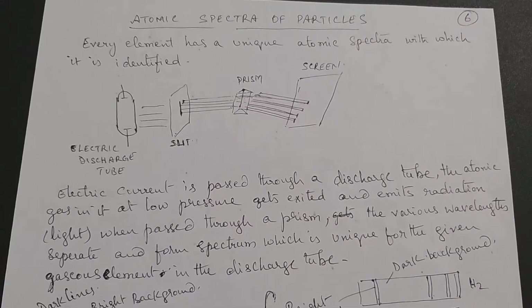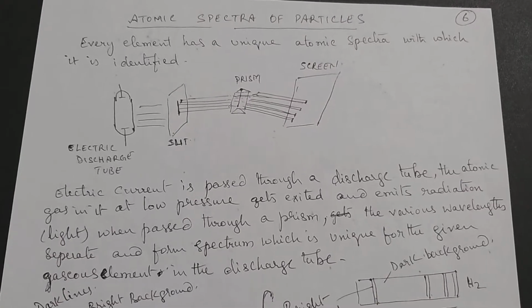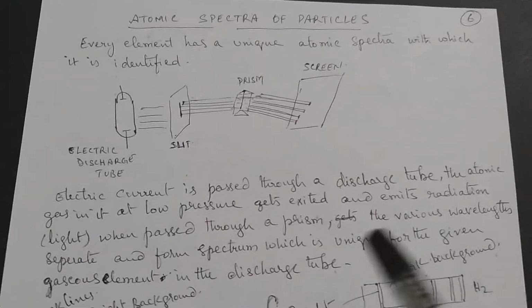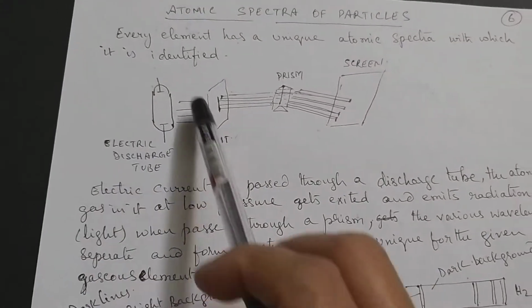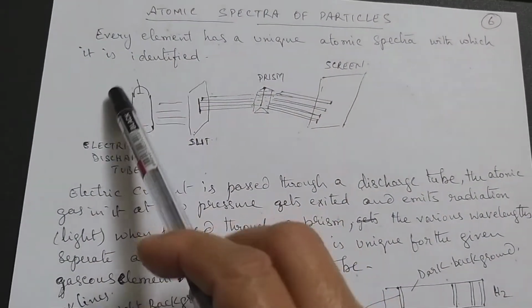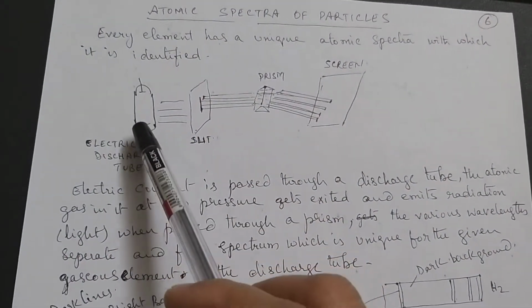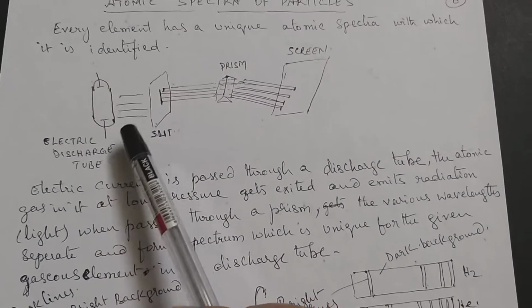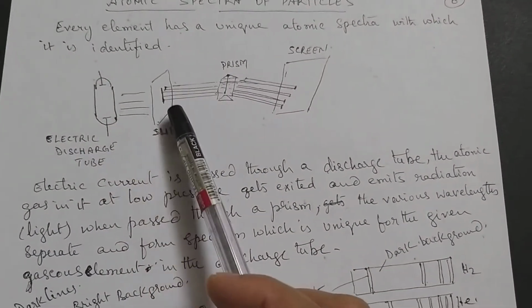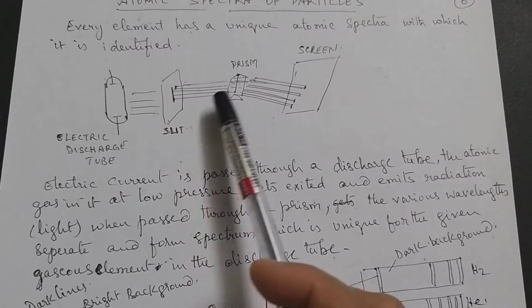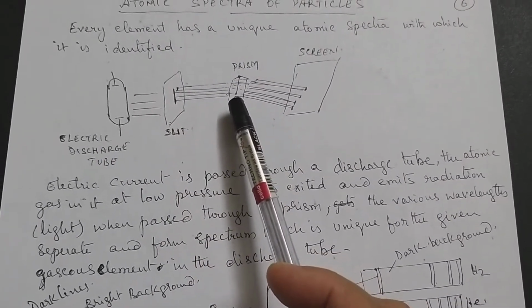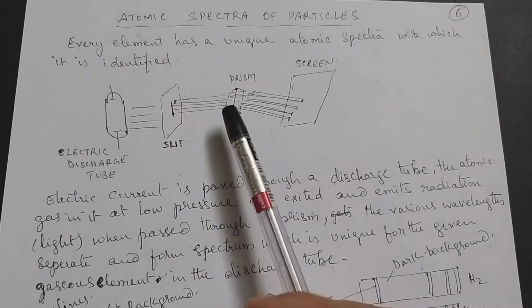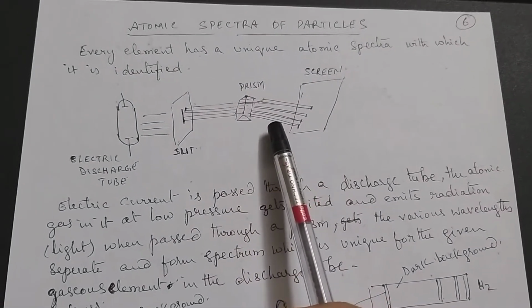These, when passed through the slit and focused on a prism, here we have seen, this is the discharge tube, inside which there is a gaseous substance at very low pressure. It emits radiation, passing through the slit and focused, and then it is passed through the prism, which will separate the wavelengths.